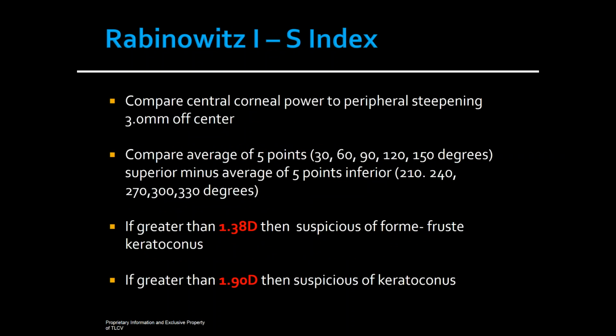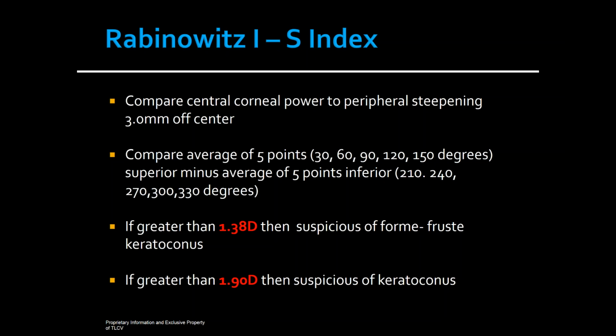One of the tools that we use to determine symmetry, because we know that as a patient develops keratoconus, not only is there asymmetry between their right eye and their left eye, there's asymmetry in the topography of the individual eyes. In particular, we like to compare the superior part of the topography to the inferior part.